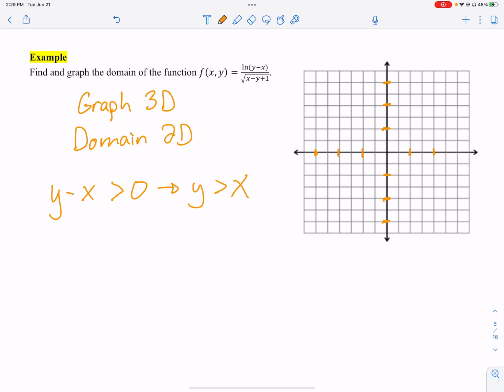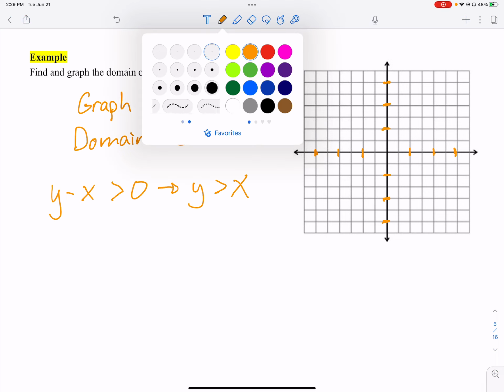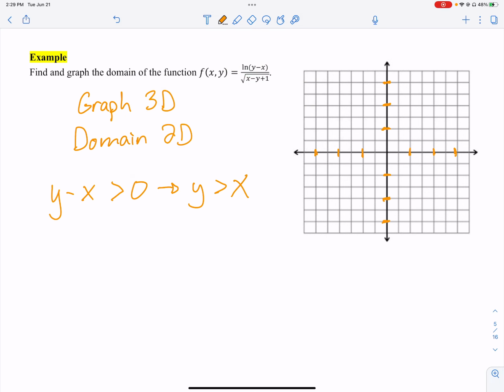I just want a little more room. Okay, so y equals x. That is a dotted line right down the middle. And then it says y is greater than, so we shade above the line.